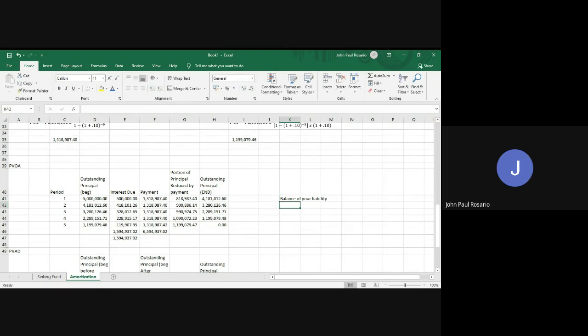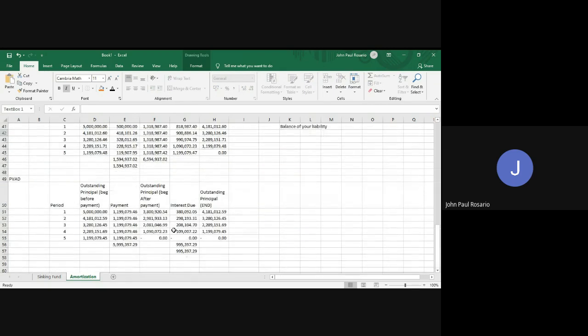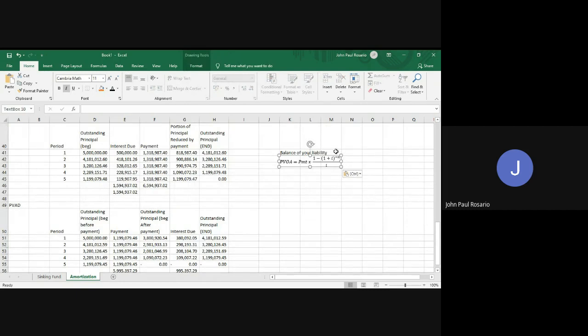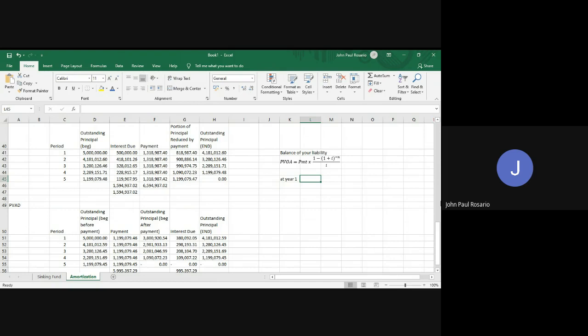So we will be using this formula. For example, at year one, you simply have to substitute and compute at the end of year one.